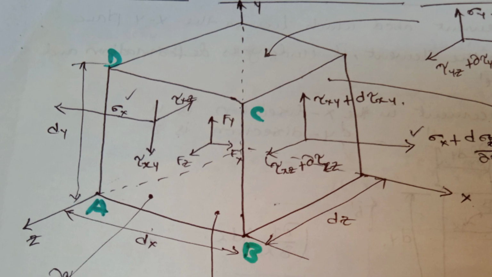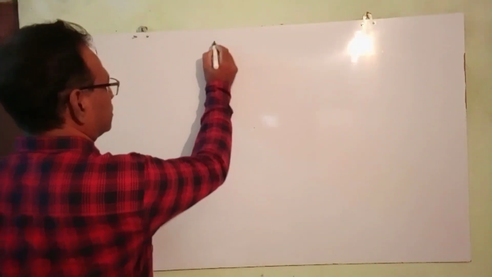Taking one particular face in the xy plane, I am going to derive the strain in the x direction and how it is related to displacement, the strain in the y direction and how it is related to displacement, and at the same time the shear strain in the xy plane. Based on that I can conclude for the 3-dimensional case also. So let us start the strain displacement relationship.